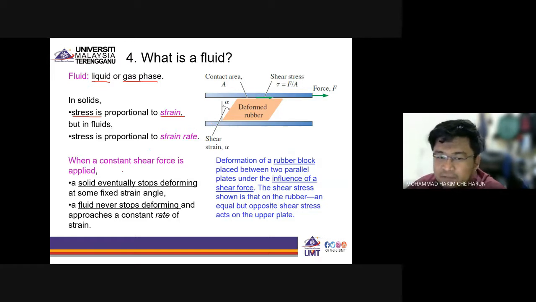When a constant shear force is applied, a solid eventually stops deforming at some fixed strain angle. It's going to stop deforming. But that is solid. For fluid, it never stops deforming. It never approaches a constant rate of strain.